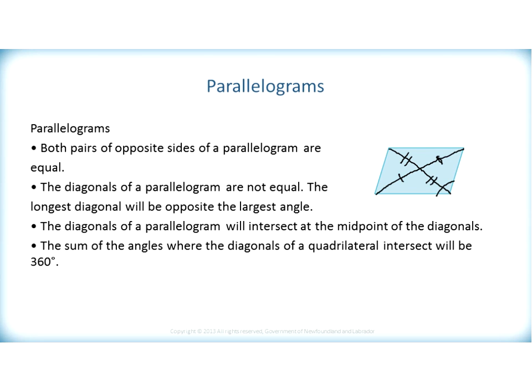And the same is true in parallelograms as is true for rectangles and squares. The sum of the angles where the diagonals of a quadrilateral intersect will be 360 degrees. So what we're saying is, if we measure all of these angles here and add them together, we're going to get 360 degrees.